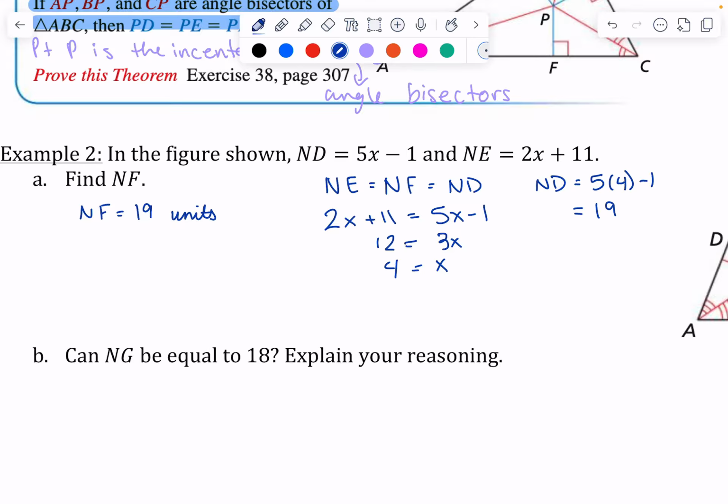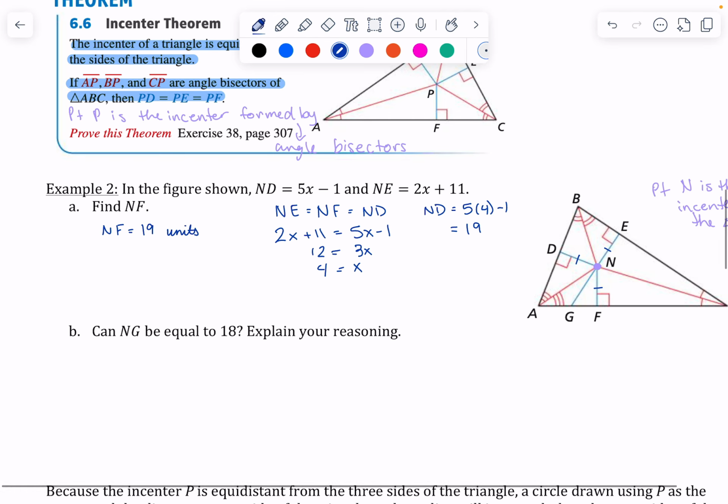All right, moving on. B, can NG be equal to 18? Explain your reasoning. Well, since we know that NF, NE, and ND are all 19 units long, and that this distance, I'll use a different color, this distance is the shortest distance to the side of the triangle, right? Which is why it's what we refer to when we're saying the distance. It's the shortest distance, so that means NG couldn't be less than it.